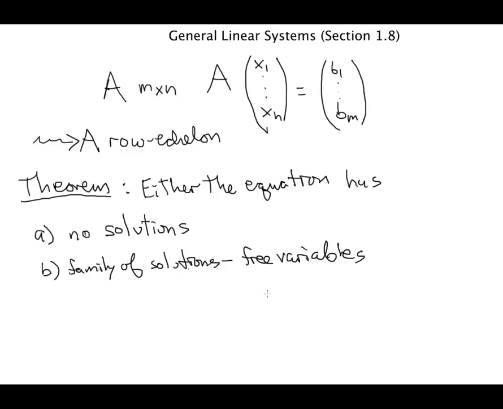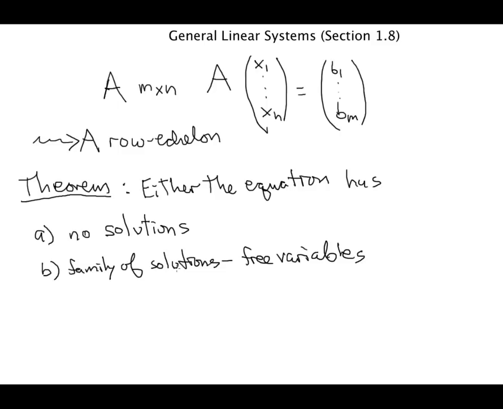So what this last means is that either there's no solution, or if there is at least one solution, then there are a whole bunch of solutions obtained by arbitrarily varying the free variables.